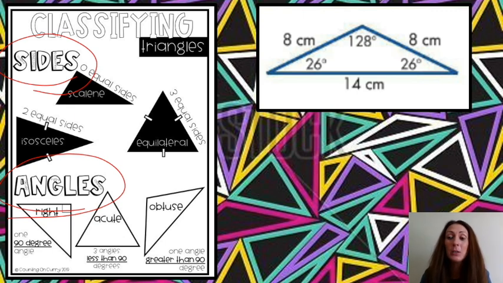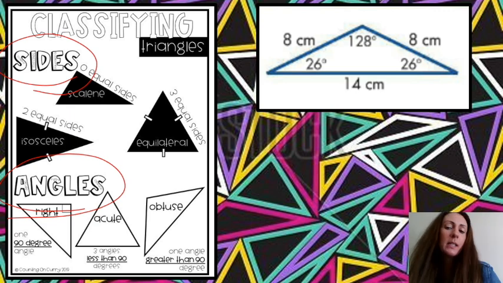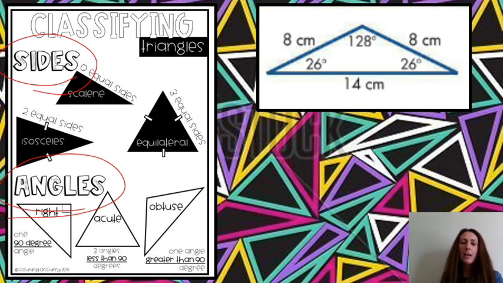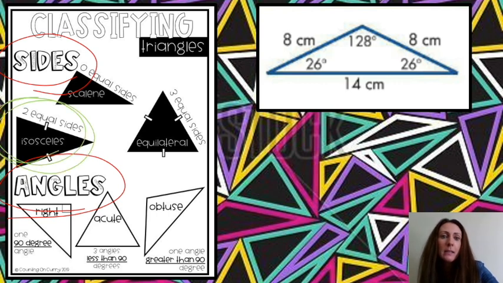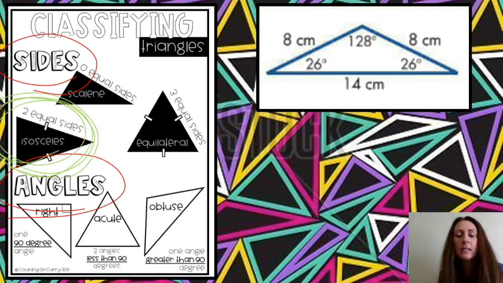Okay, what did you get? I'm excited to hear everything that you found out about this triangle. What did you say the triangle was classified as when we're talking about sides? Okay, you're saying that it's isosceles? Let's prove it. Isosceles means that it has two equal sides.